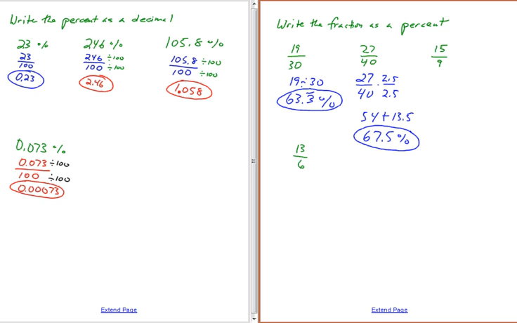Now, this one's clearly above 100%, so it's 1 and 6 over 9, right? And so that is 1.6 repeating percent. Actually, that's not right.